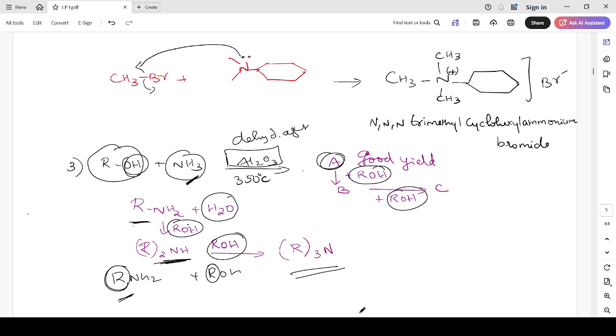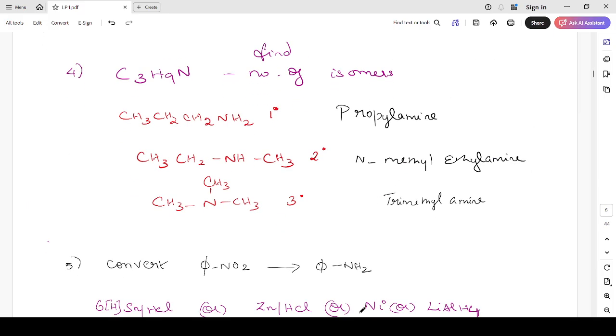In Hofmann ammonolysis, we are increasing the N groups there. Here we are increasing the methyl group. So as Surya is correctly identifying, this is a type of exhaustive methylation. So this is very common for JEE, giving you the compound, asking you to find the number of isomers.